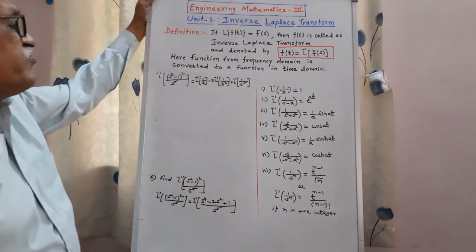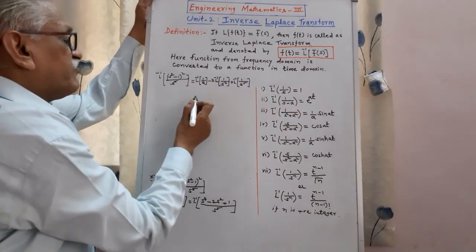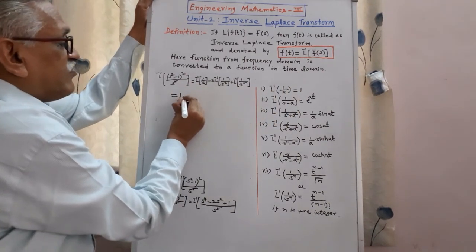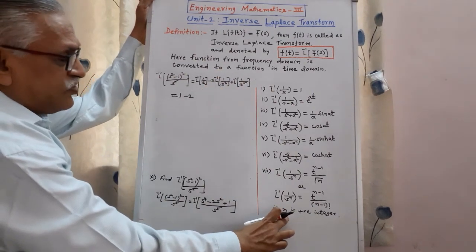Then applying the standard result, inverse of 1 by s is 1, and inverse of 1 by s raised to n, where n is a positive integer, is t raised to n minus 1 divided by factorial n minus 1.